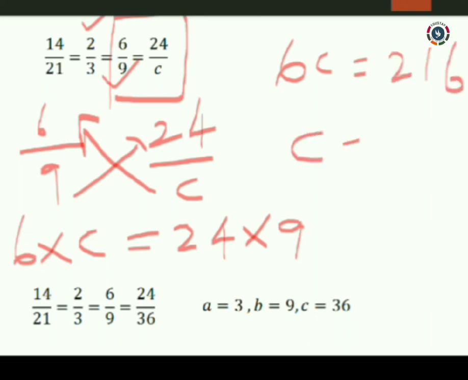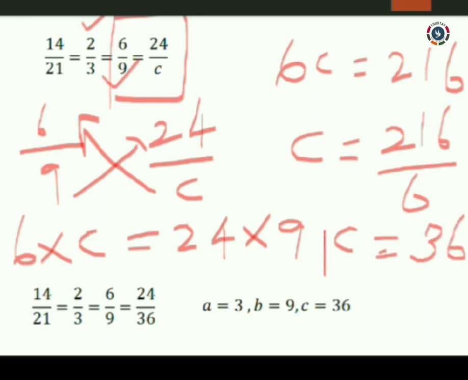Now you have to find the c value. So 216 divided by 6. If you divide, you will get the answer as 36. Your c value is 36. Your a is 2 and b is 9 and c is 36.